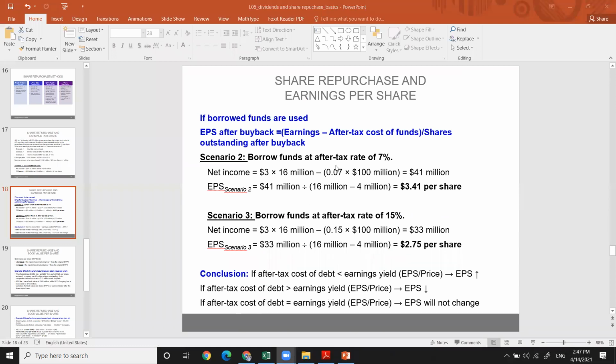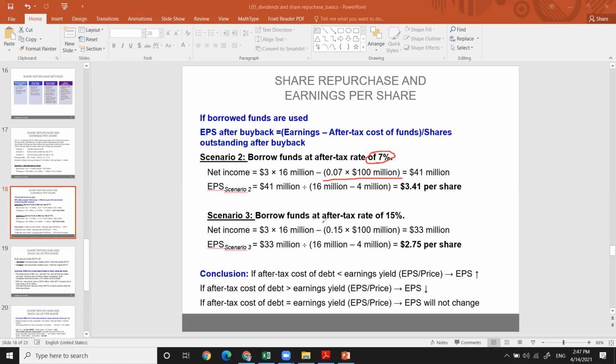In scenario 2, we subtract the interest cost only here. We borrow at 7%. We borrow the money to repurchase the same amount of the shares, 4 million of shares, but we borrow at 7%. So it's a cash outflow we should subtract from the net income.